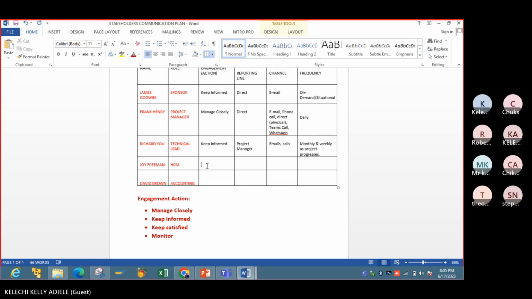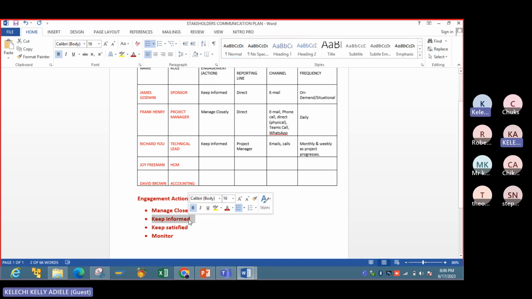Okay. Monitor. Yes, I'll say keep informed also. Any of them can apply, but we're looking at their influence basically. Okay, we keep informed.